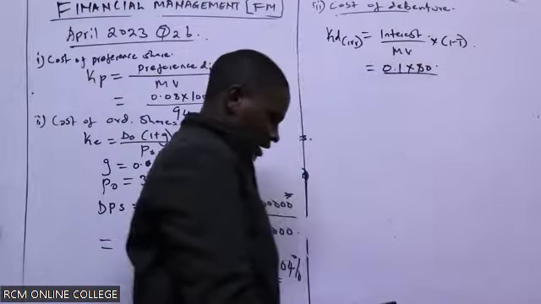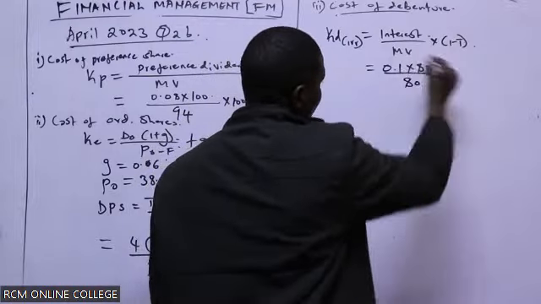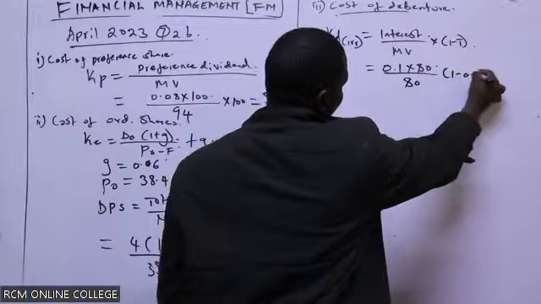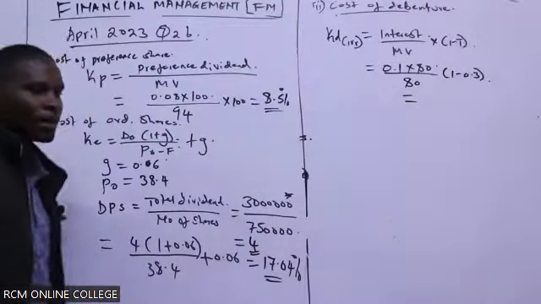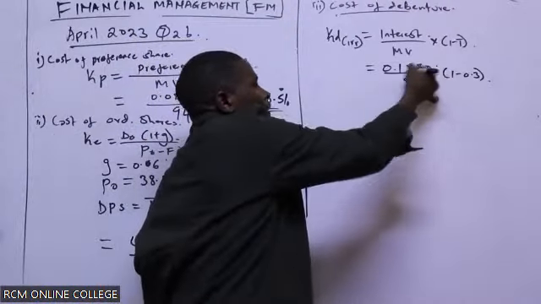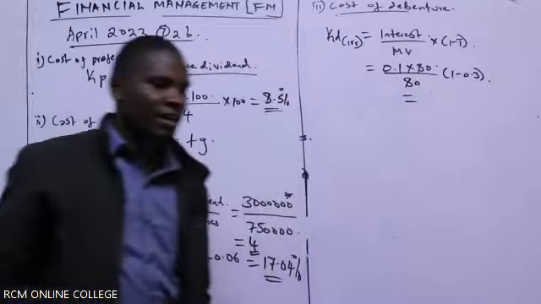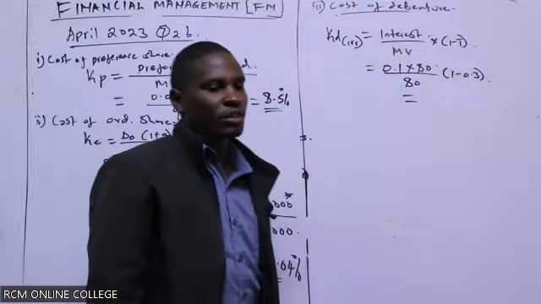Were we told whether this market price changes? It does not change. Whatever our market value, it will not change, times 1 minus 0.3. The trickiness there was to identify that the market value was the same as the par.